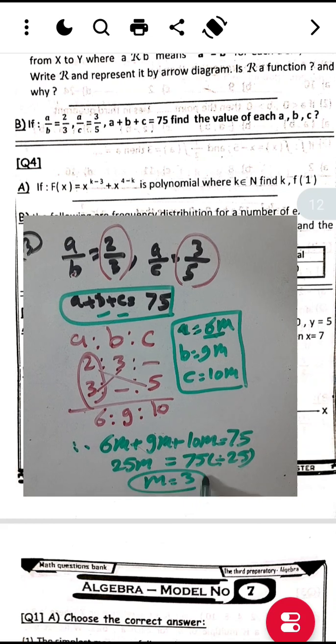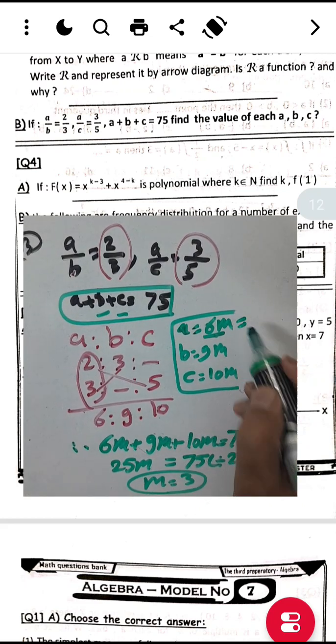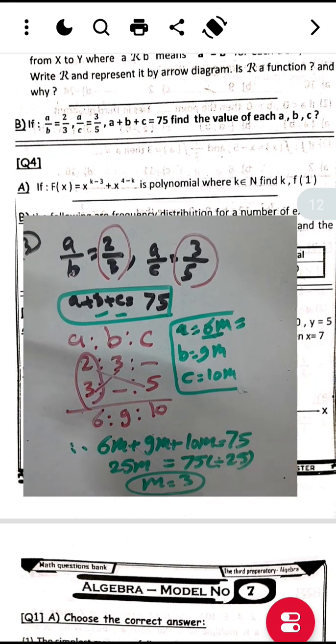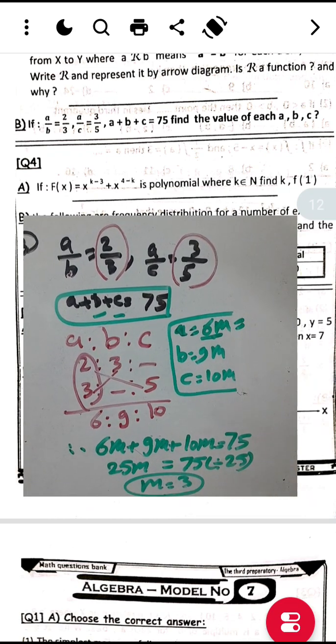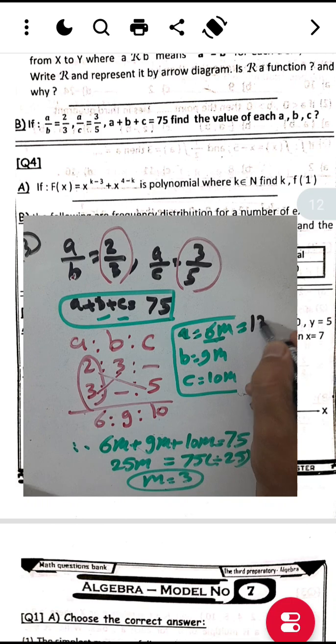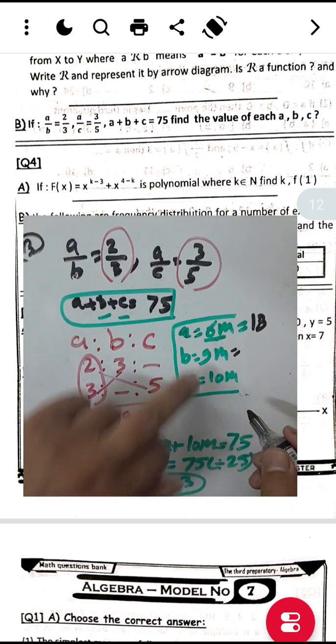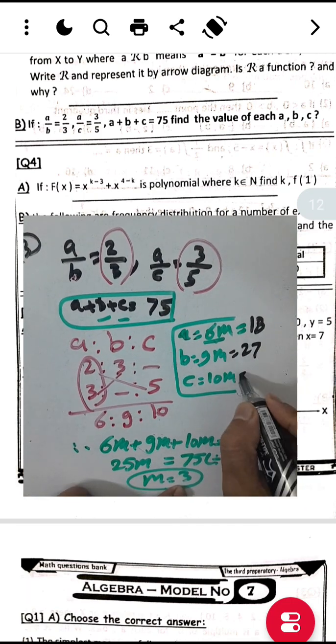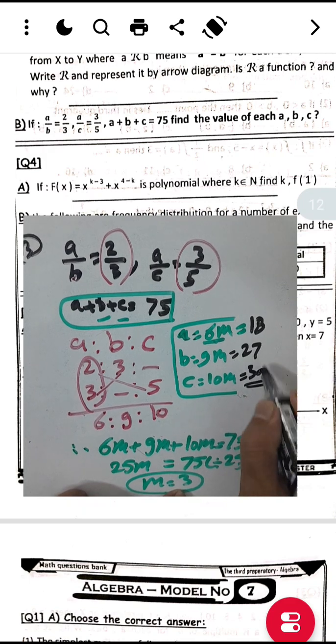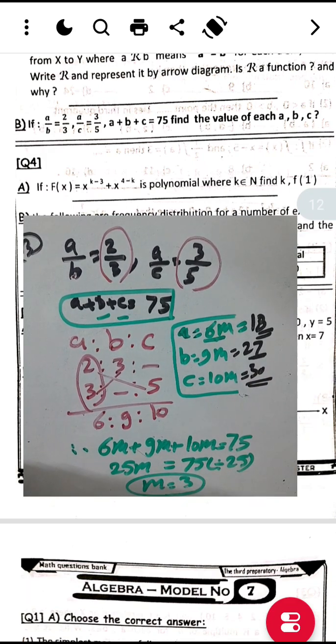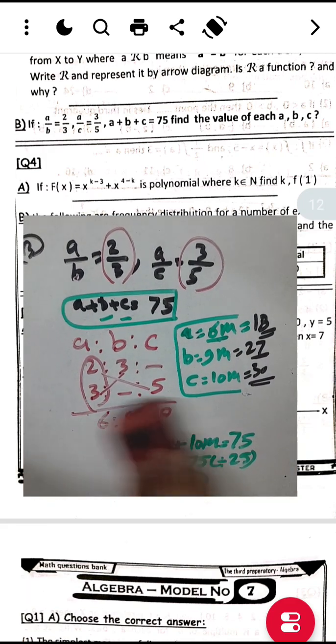Then m equals 3. Then we can find the value of A: put m equal 3, 3 times 6 equals 18. Then A is 18, and 9 times 3 is 27, and 10 times 3 equals 30. This is the value of A and B and C.